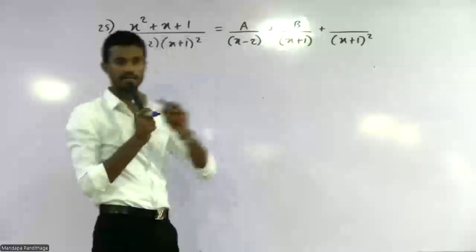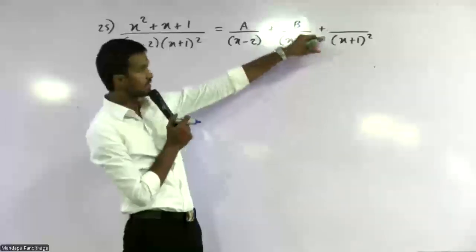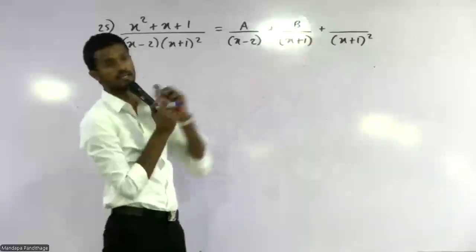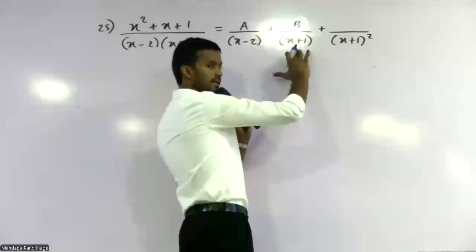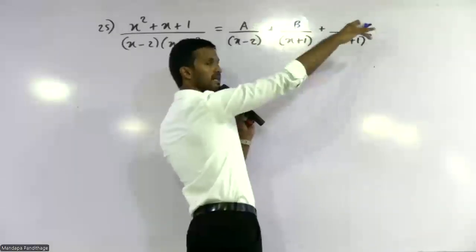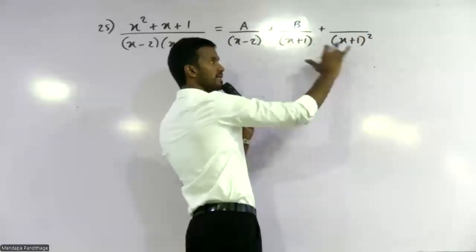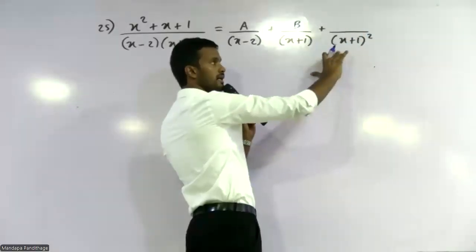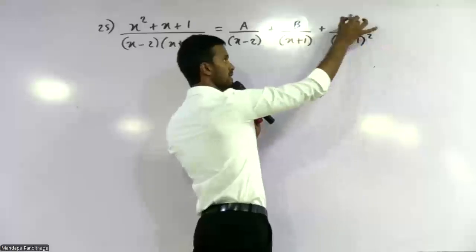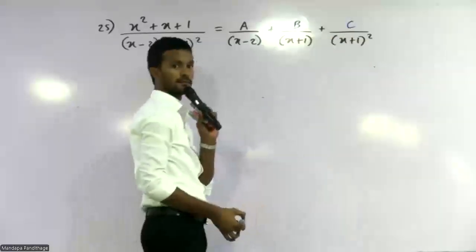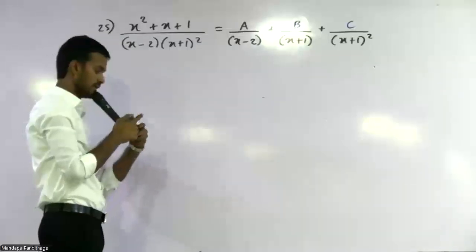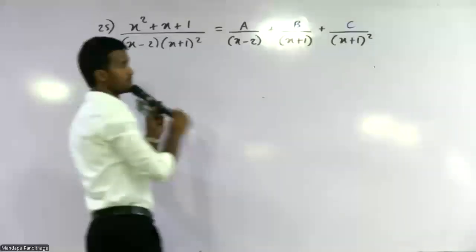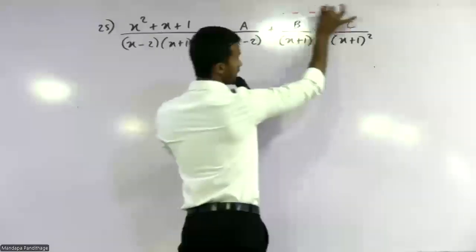But here, when we are having recurring factors, there is one speciality. Whatever the degree is in the denominator, in this recurring factor part, the numerator should be a constant. It is only for this recurring factor part.